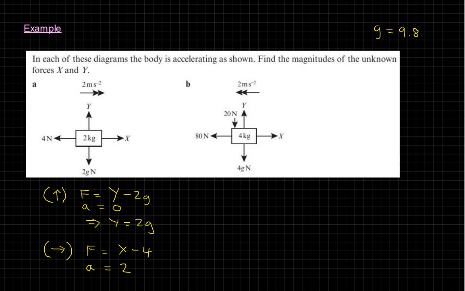Now I'll pause there for a second because I've realised something that I glossed over slightly in the upward direction. I cheated a bit here. I said acceleration equals 0, and then I equated these. I didn't actually make use of the mass. So let's go back there for a moment.